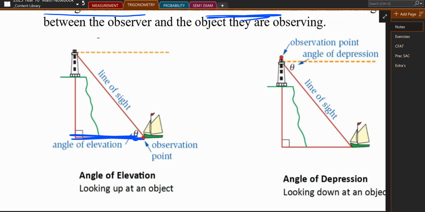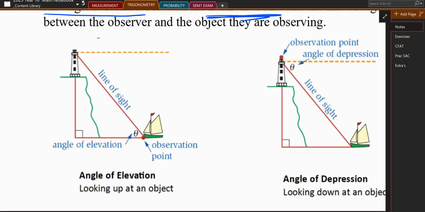That creates an angle there, which is an elevation angle, above that horizontal line. The angle we've created here is an angle of elevation.